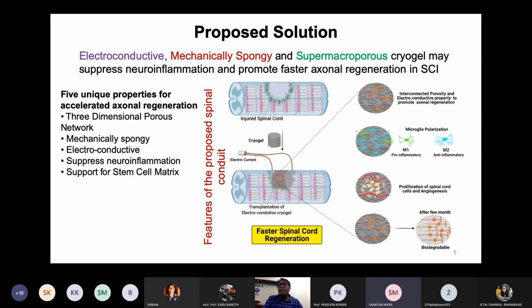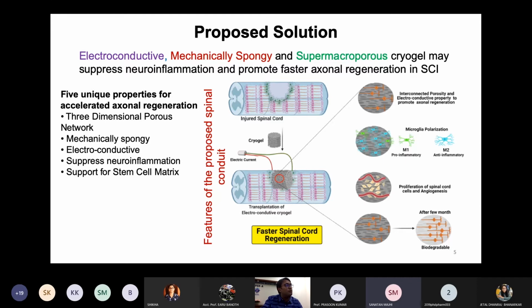There are many things which are important, and we know that there are some physiotherapy approaches. We know spinal cord and nerve cells love electric conduction, so we try to make our material electroconductive in nature. Similarly, among the unique properties which may accelerate the axonal regeneration of the spinal cord, you need a conduit-like structure with a porous network, so that at the broken ends the cells can approach each other, connect, form a bond, and then form an entire tissue.